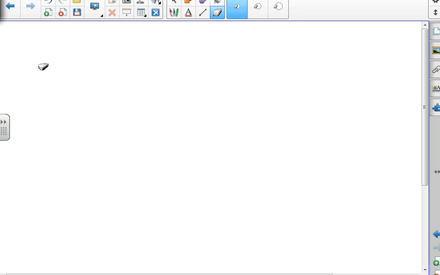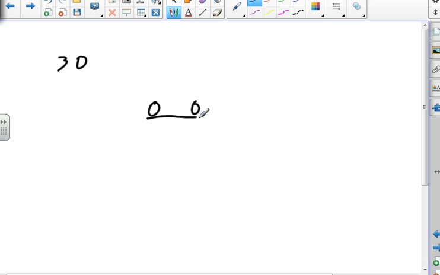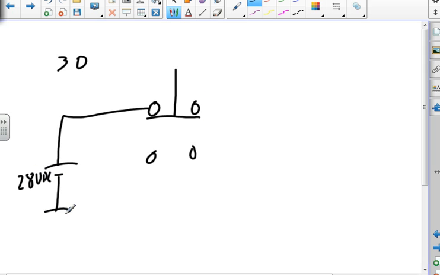On page 31, we do the same thing, but now we have a push button. So we have a push button switch, and we have the normally closed side of the push button going to 28 volts DC, going to my running light, my off light, red.